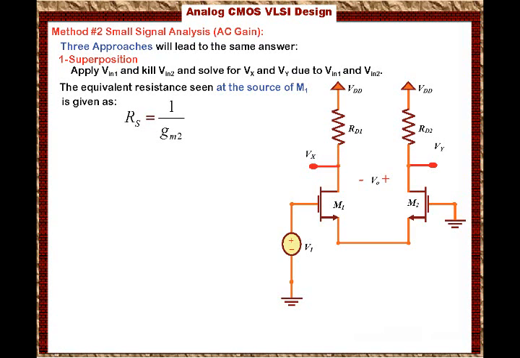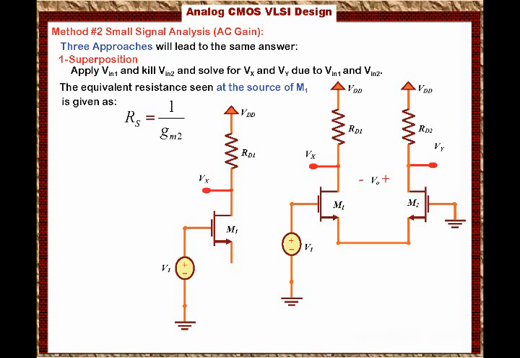What we have now is Vn connected to the transistor, and then at the drain we have Rd1, and here is Vx. And then at the source of M1, its equivalent circuit is 1 over Gm2. Now we can solve for the voltage Vx due to V1.